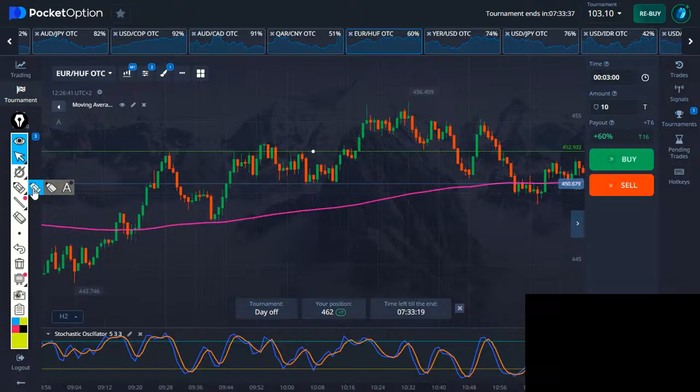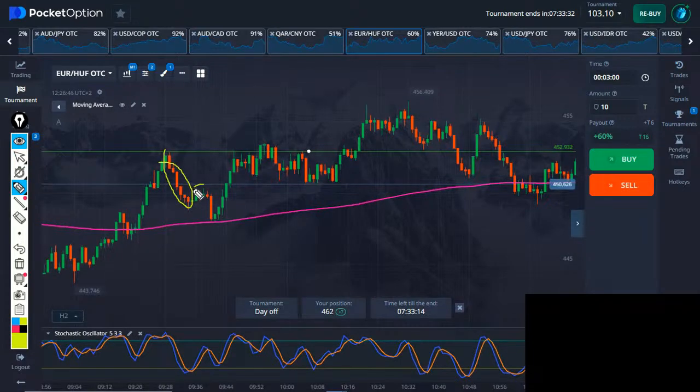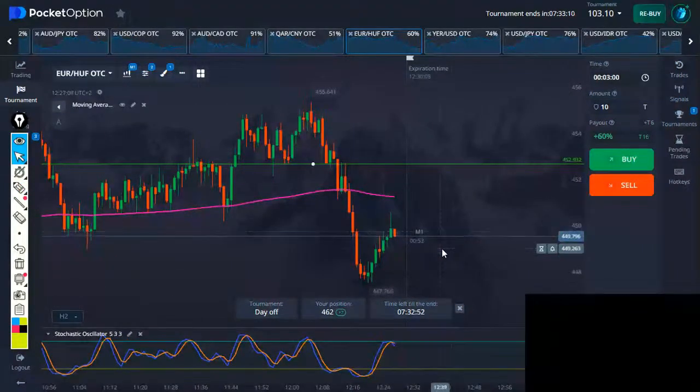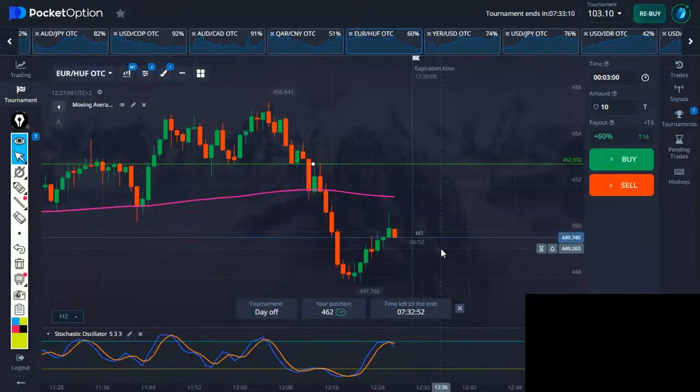Push to the downside, rallied a bit, and then pushed back to the downside. It happened over here as well. Pushed up and then back down all the way to this area. So when you see patterns such as these repeating themselves, we might have an entry here.